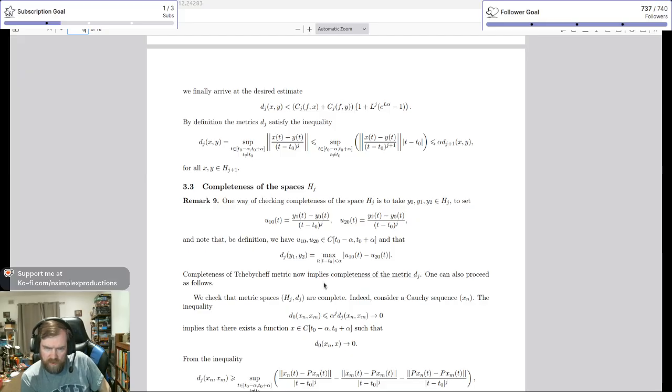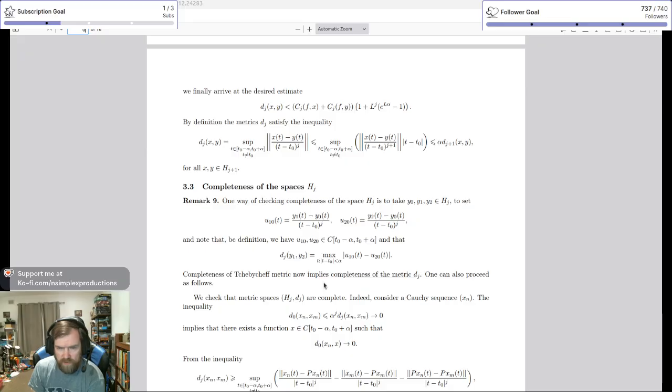One way of checking completeness of the space H sub j is to take y0, y1, y2 and set u10 of t equal to y1 of t minus y0 of t over t minus t0 raised to the j. u20 of t is going to be y2 of t minus y0 of t all over t minus t0 all raised to the j.